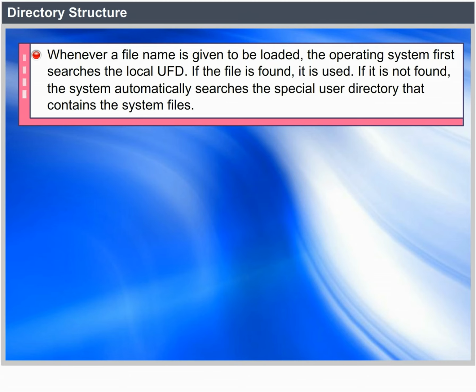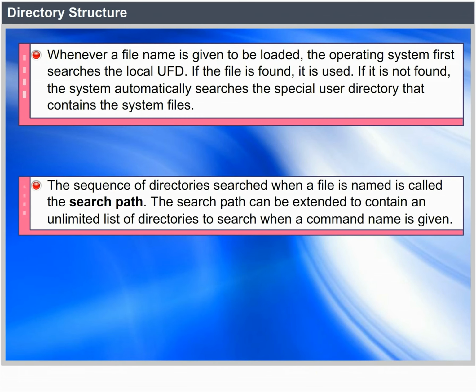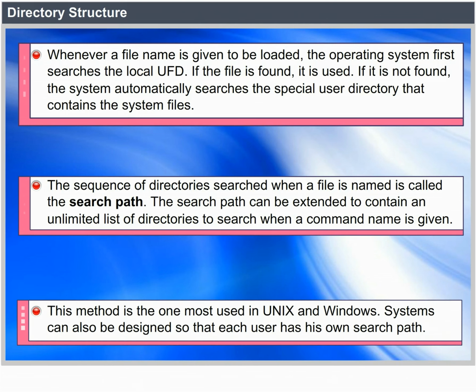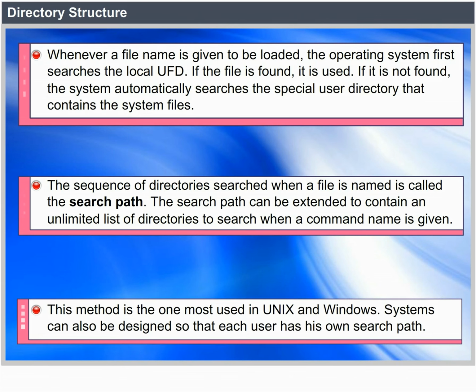The sequence of directories searched when a file is named is called the search path. The search path can be extended to contain an unlimited list of directories to search when a command name is given. This method is the one most used in Unix and Windows. Systems can also be designed so that each user has his own search path.